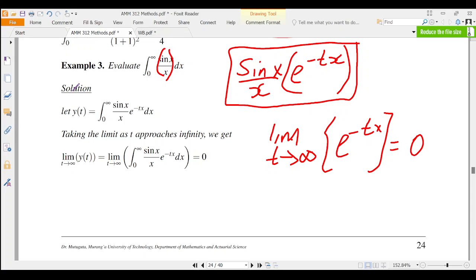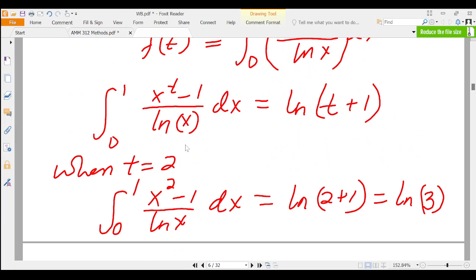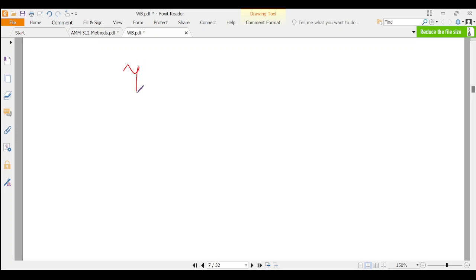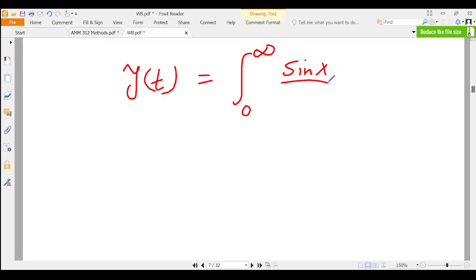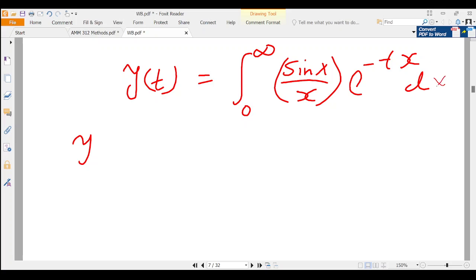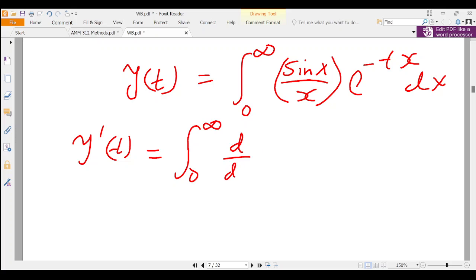Now, if we go back to our function here and differentiate our function, which is y(t), which is the integral from 0 to infinity of sine of x divided by x times e raised to power negative tx. And suppose we consider differentiating this with respect to t, so that we write y prime of t is equal to the integral from 0 to infinity of d by dt.